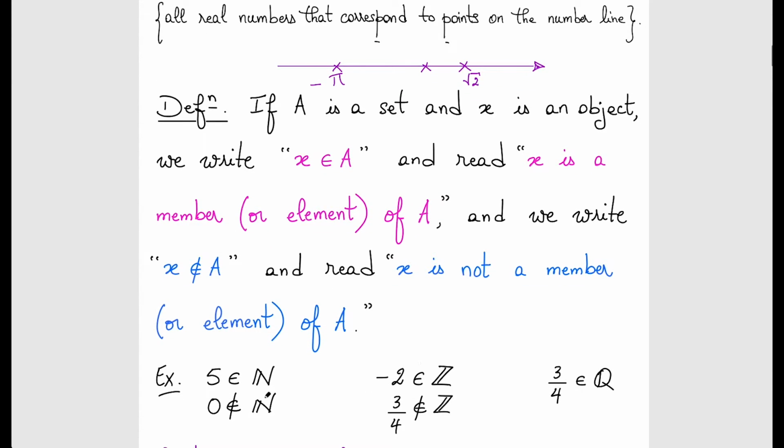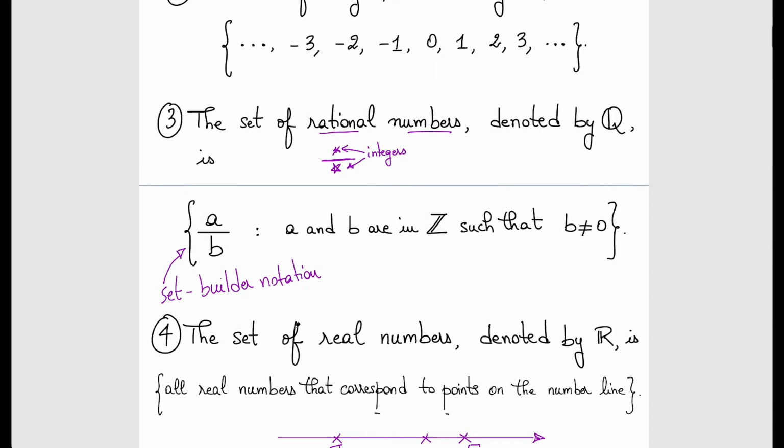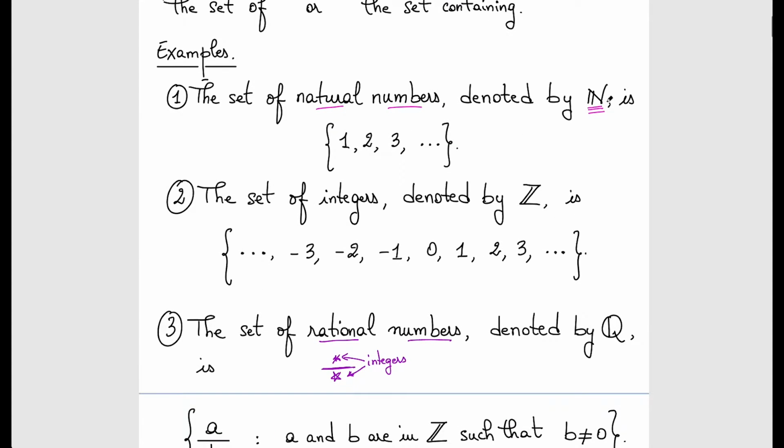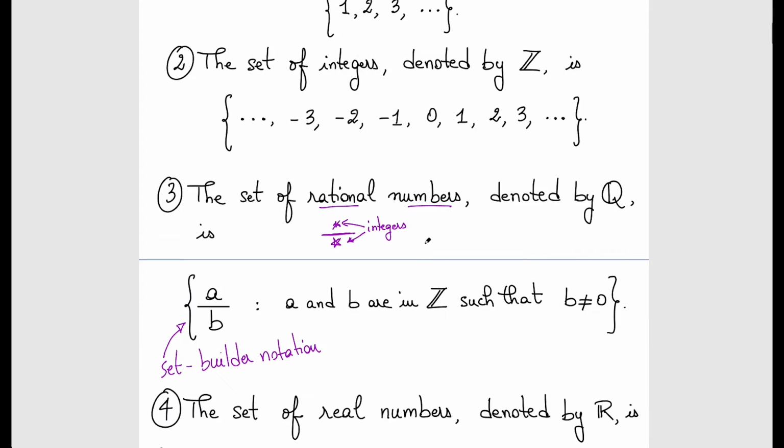Let's take a look at the following. Let's take a look at the first one, which is this guy. How would you read this? You can read it as 5, right? x is 5, and the set is boldface N, which is, again, what does it mean, boldface N? Boldface N is the set of natural numbers.